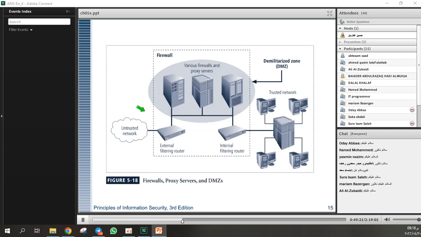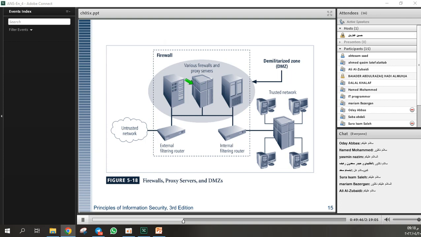Here you can see this. The outside is an untrusted network. Here we can see that perimeter point. Inside the network, the traffic would be routed to the DMZ section.